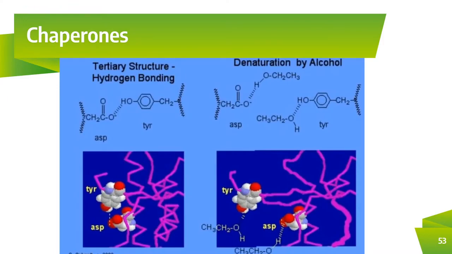Why are we actually doing that? So this picture is supposed to show you what ethanol does. In the previous workshops, we talked about why certain structures are formed in proteins, and a lot of that depends on the environment the protein is in, right?